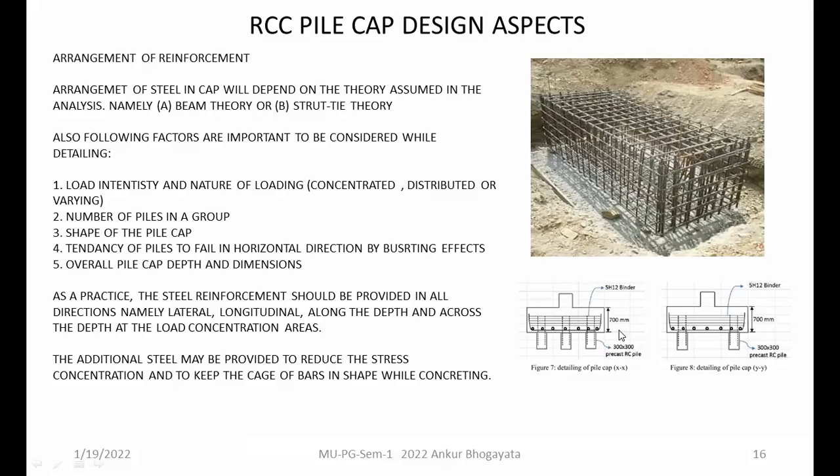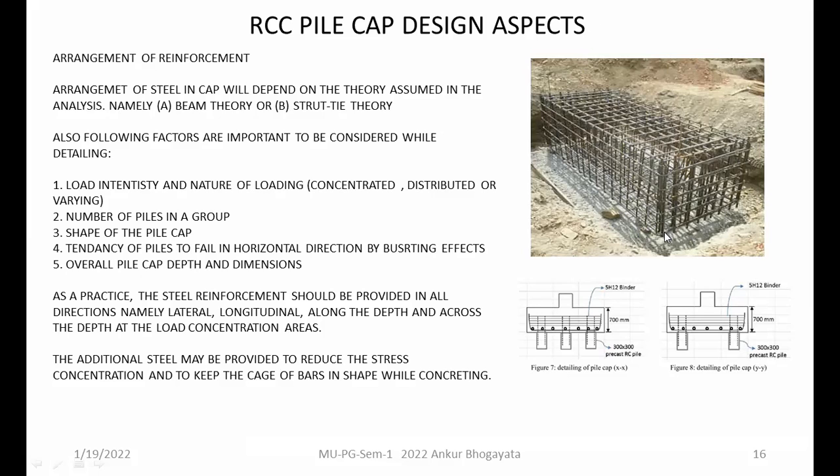So here in this case, you can see in the top figure where the cursor is moving, it's a steel cage. So it's a pile cap itself, right? This is a proper look of the pile cap, I would say, where you can see the bars are extended up to the top, bars are bent and going down to the bottom.